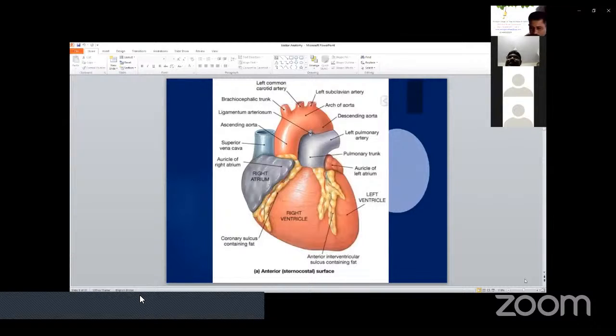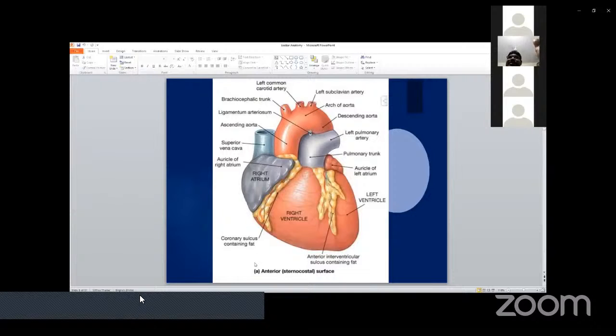The left atrium receives blood from the lungs and is filled with oxygenated blood. The oxygenated blood from the left atrium passes to the left ventricle. Once the blood reaches the left ventricle, it is passed to our body.